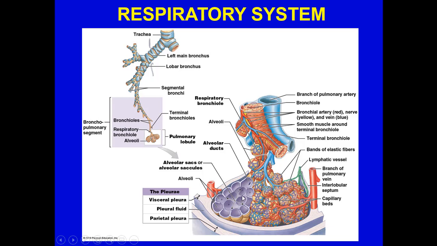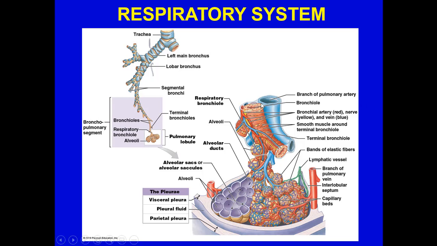Okay, so as gases are exchanged here in this alveoli, you basically will have carbon dioxide going outward via diffusion, oxygen coming in via diffusion, and then it passing across the respiratory membrane, which we'll get into in a minute.